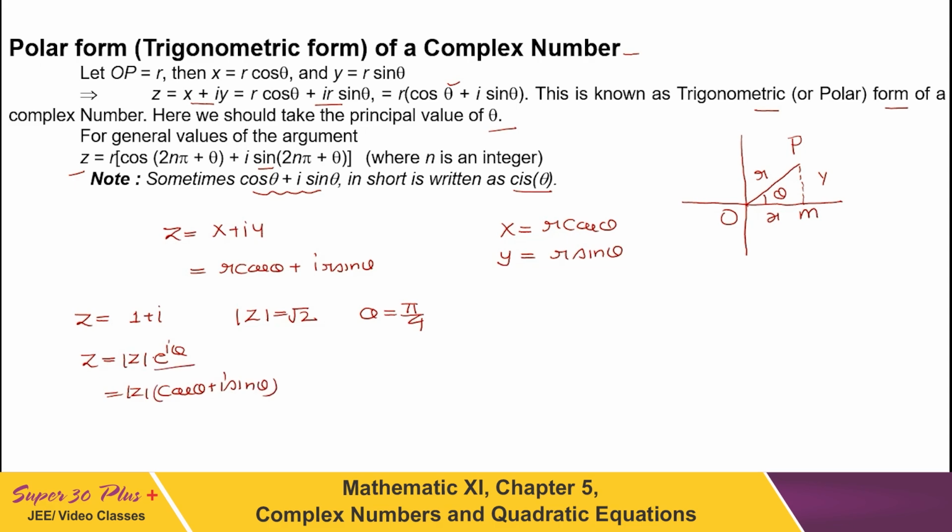This form is called the exponential form. That is the next form, and here it is the polar form. In the polar form we can write it as root 2 times cos pi by 4 plus iota sin pi by 4. This is the representation of a complex number in the polar form or trigonometric form.